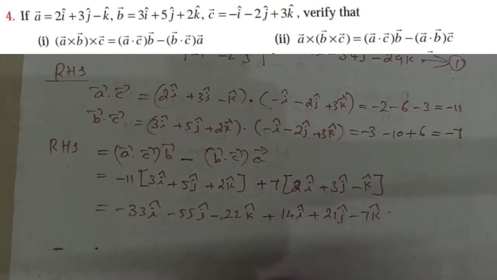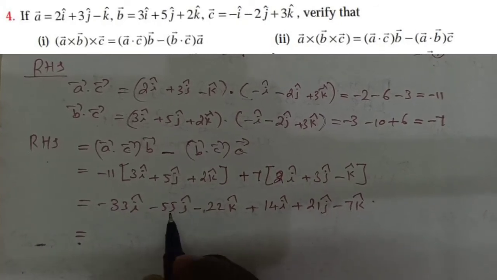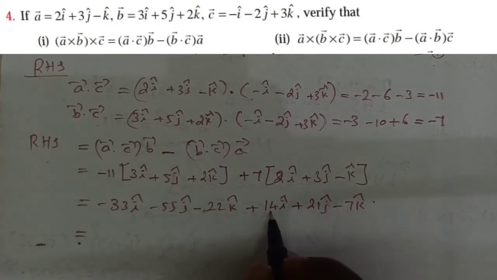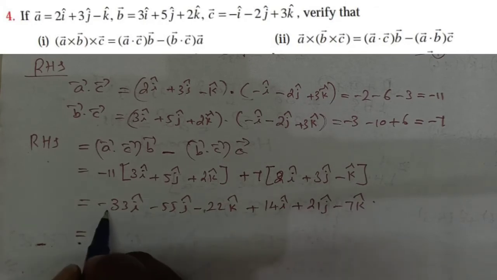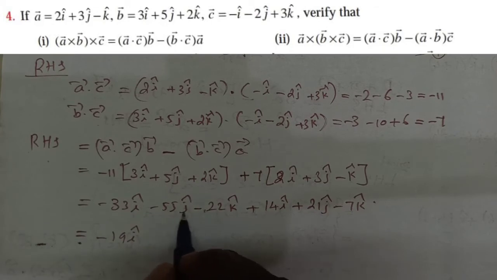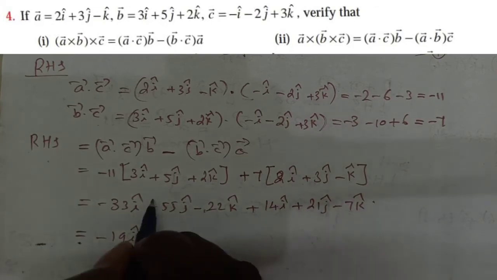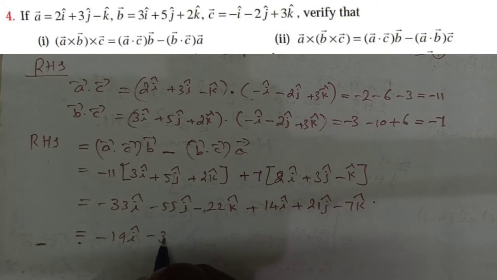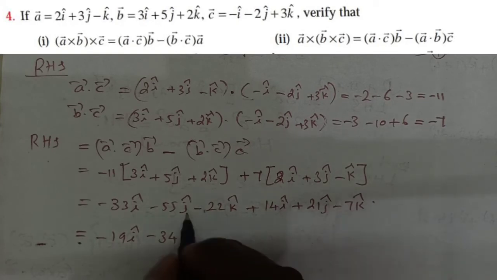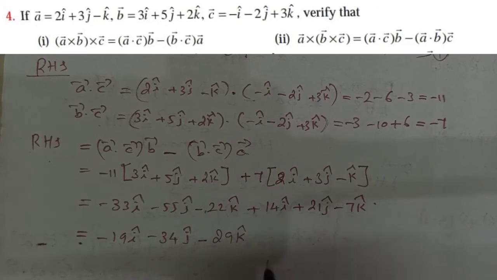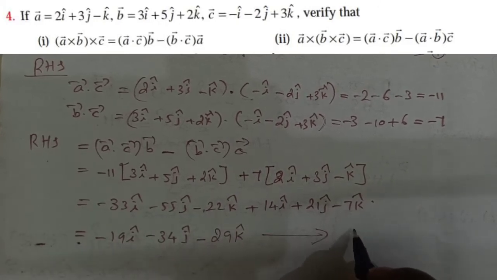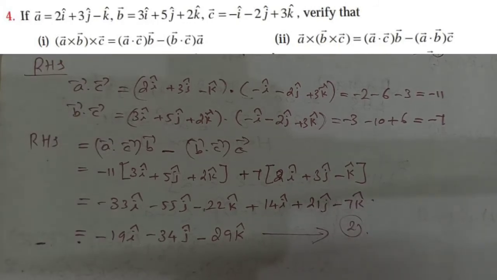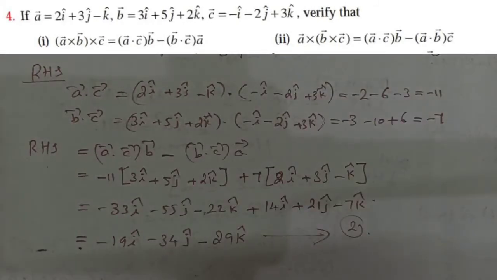Okay, next let me add the i cap, j cap, k cap coefficients. Minus 33, this is plus 14. If we separate this term, we will get minus 19 i cap. Next minus 55, here plus 21. If we separate this value, we will get minus 34 j cap. Next minus 22, minus 7, both are negative, so we can add these two, so minus 29 k cap. Okay, this is RHS, so we can take this as equation 2. We already have equation 1 for LHS.